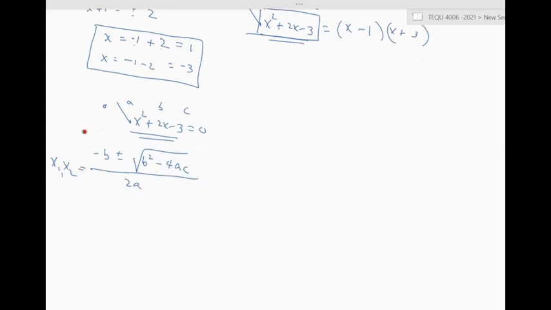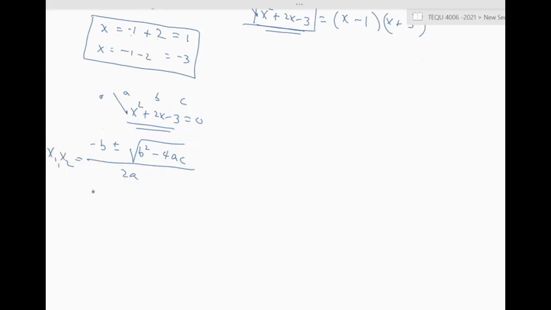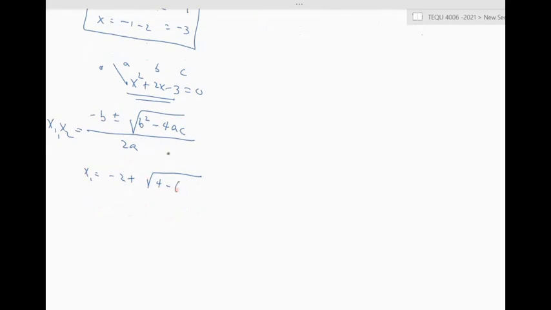So if I apply this formula, for x1, that will be minus b, which is minus 2, and let's apply one sign, the plus. Then 2 squared is 4, minus 4 times a, which is 1, times c, which is minus 3, and all that divided by 2a, but a is 1, all right?